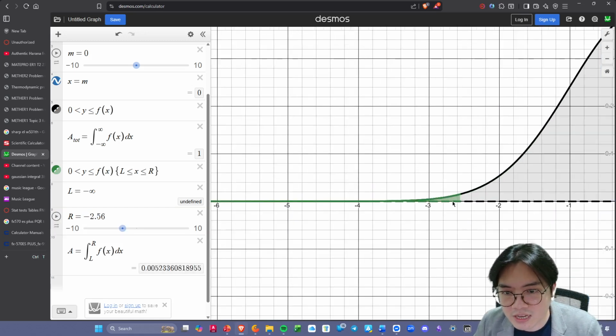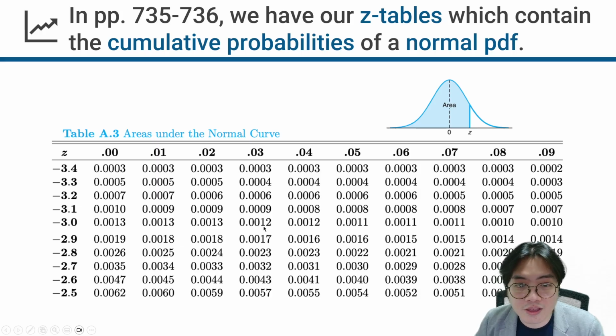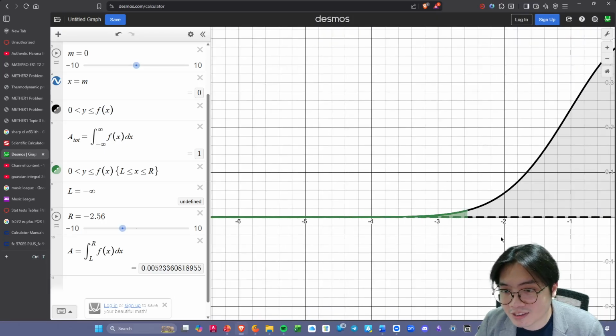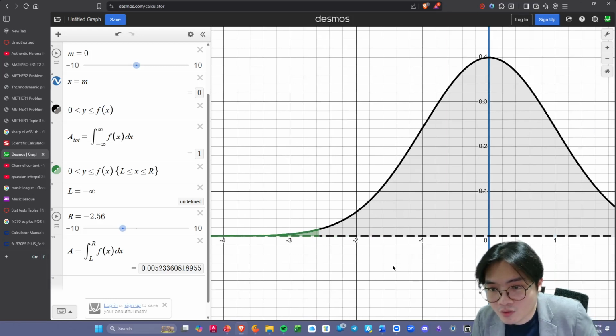What we will see is that this region right here has an area of 0.005233608, so on and so forth. That is the same value as in here, 0.0052.